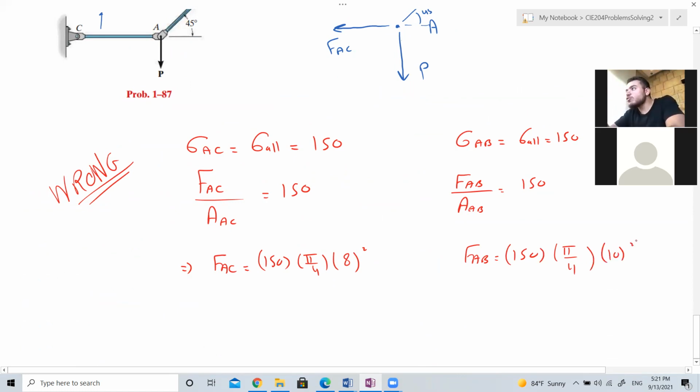If you put these two equations together, you are assuming that both bars are going to reach the allowable stress at the same time. And this is not going to happen. Only one of them will reach the allowable before the other.